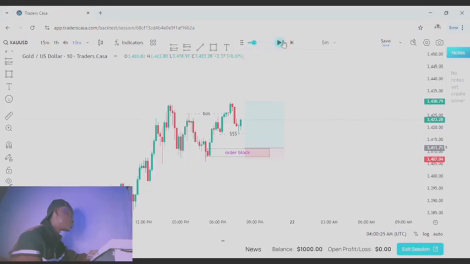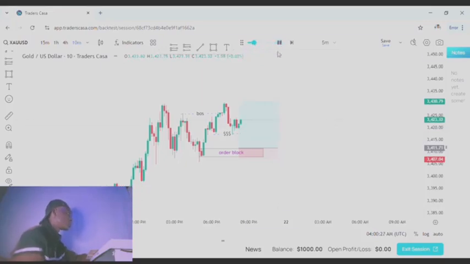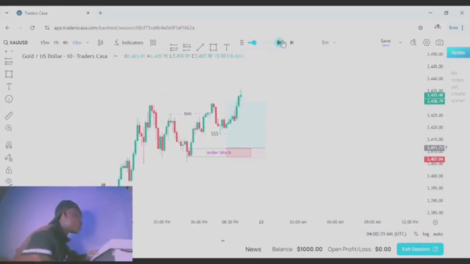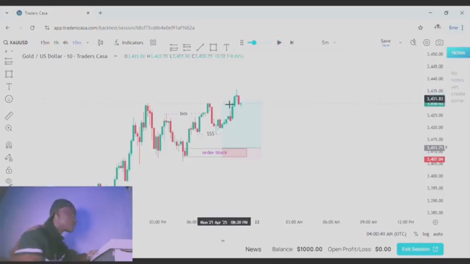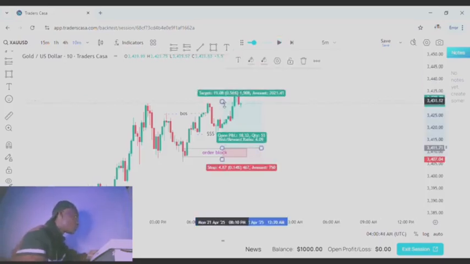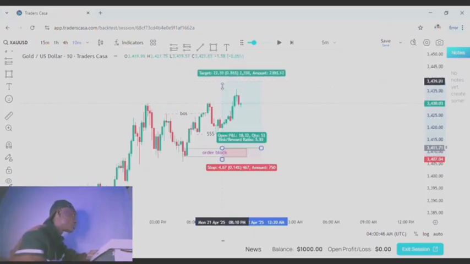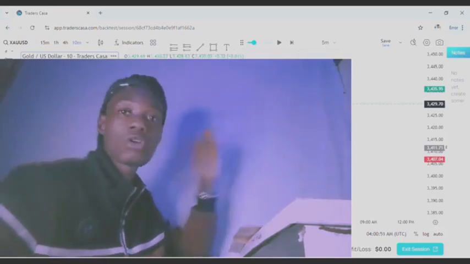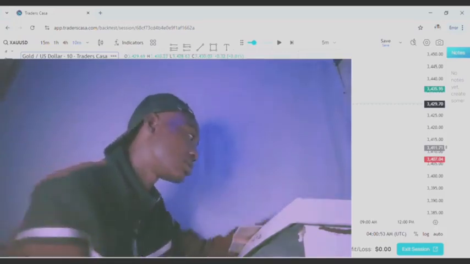Let's play it out for you. Take profits higher as well, because we are planning to take our profits higher at the top where price started retracing.